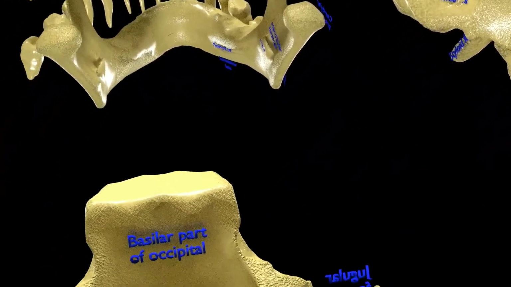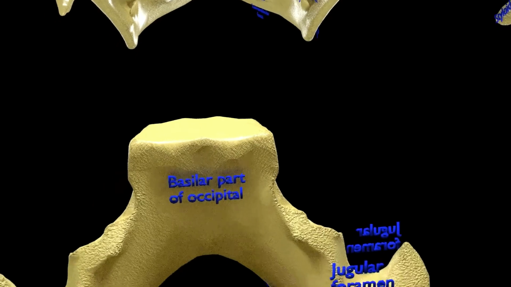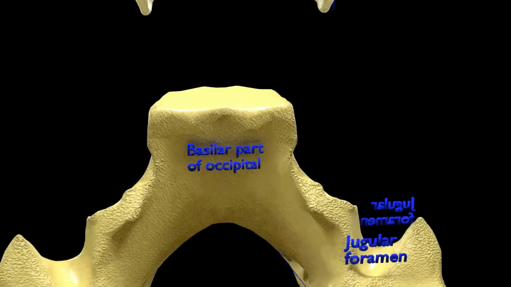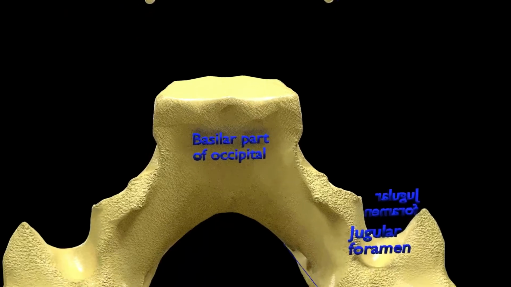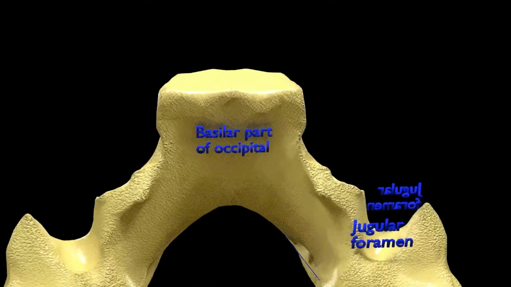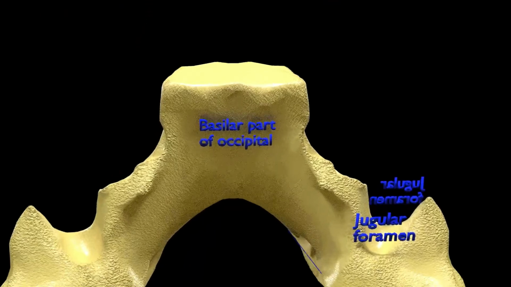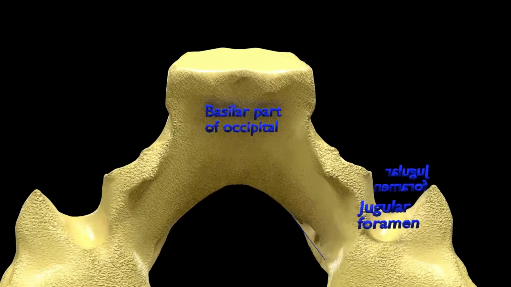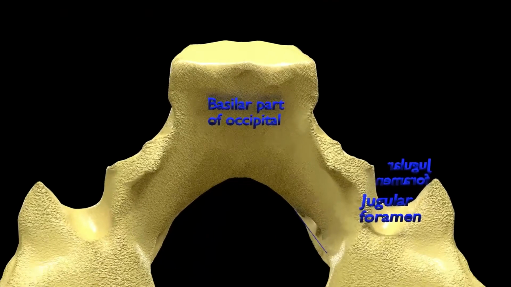The base of the skull has a very important foramen, the jugular foramen. It is unique because it gives transmission to 3 cranial nerves. The foramen is situated between the anterior margin of the jugular process of the occipital bone and the posterior margin of the petrous part of the temporal bone.